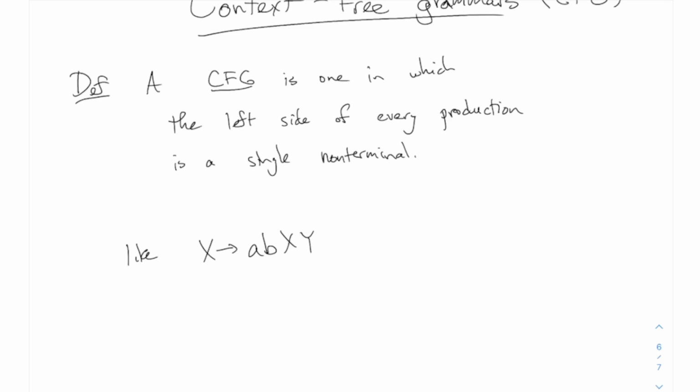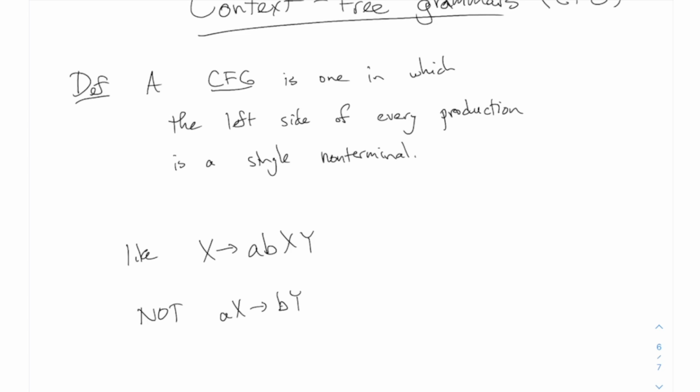So this is allowed in a context-free grammar, but not something like aX goes to bY, right? That is not context-free. Context-free means the left side is always just a single non-terminal. Maybe I'll just tell you what the terminology is supposed to indicate.